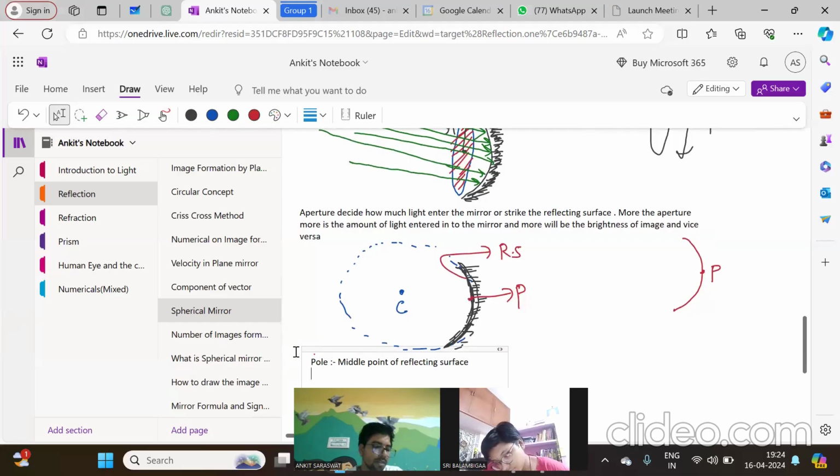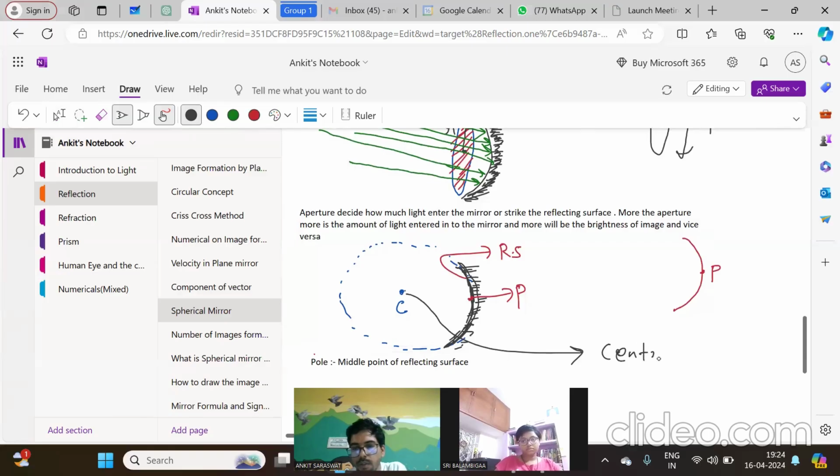This C is known as the center of curvature.